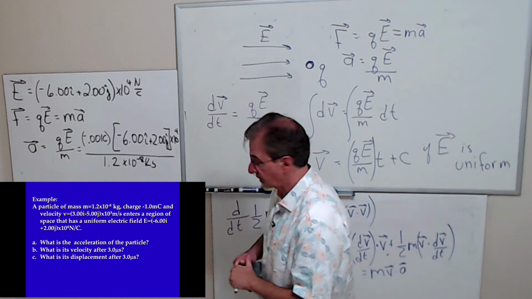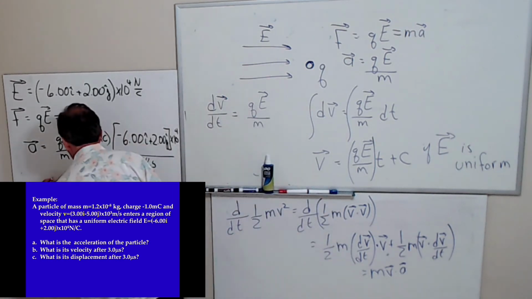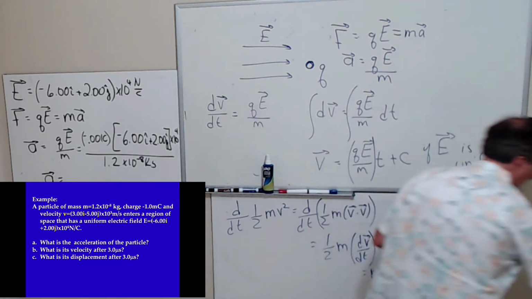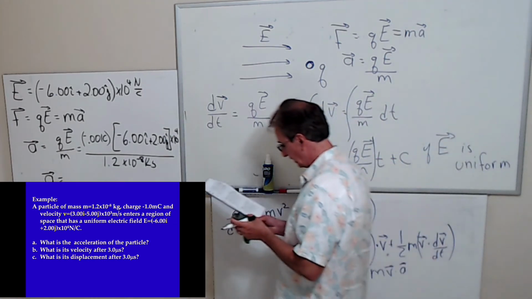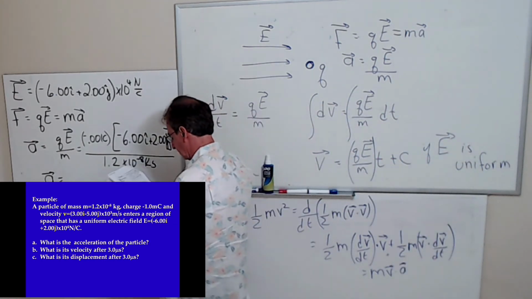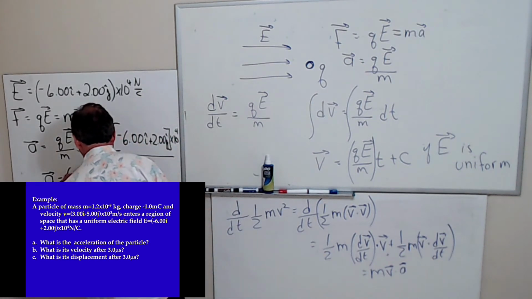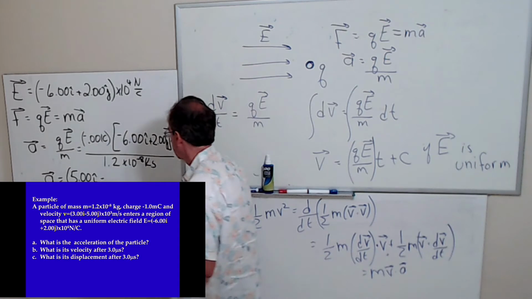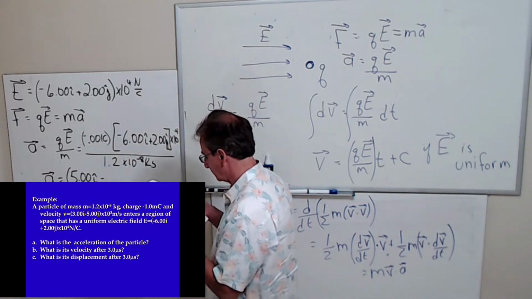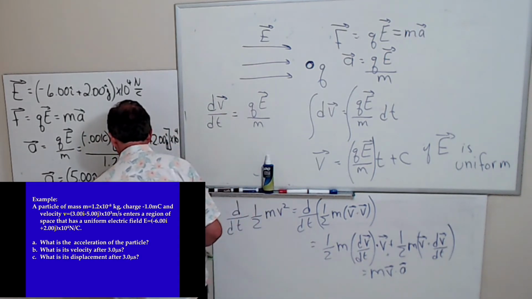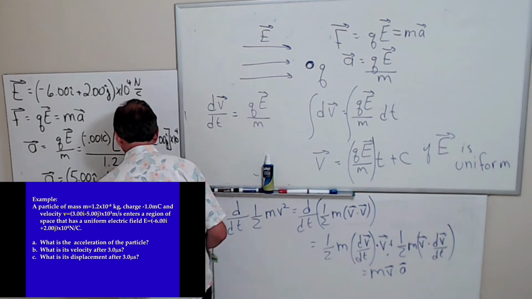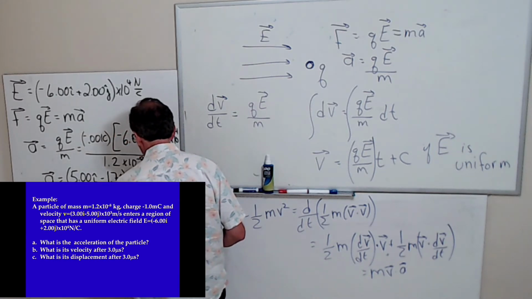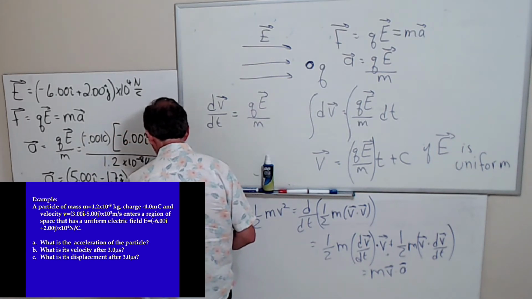And so when you punch the numbers in on your calculator, you get a is 5.0 i hat minus 1.7 j hat times 10 to the 7th meters per second squared.